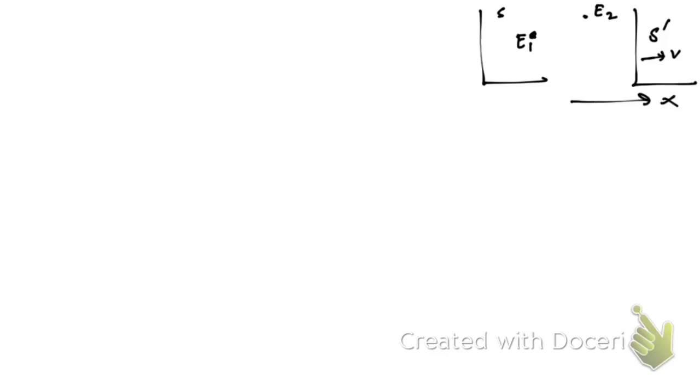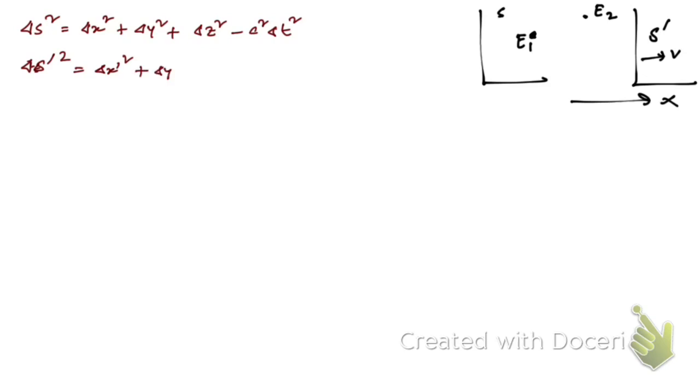So del S square is given by del X square plus del Y square plus del Z square minus C square del T square, and del S dash square is given by del X dash square plus del Y dash square plus del Z dash square minus C square del T dash square.